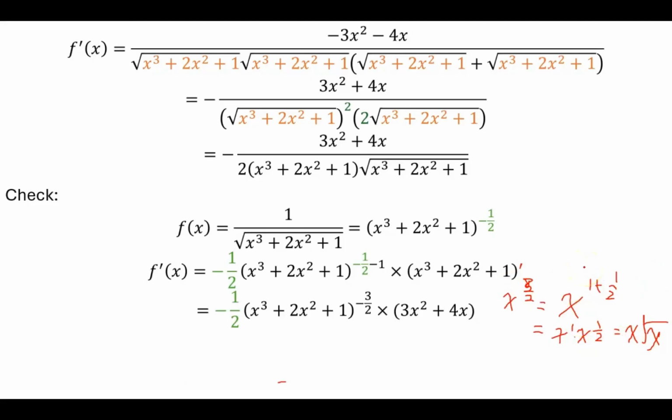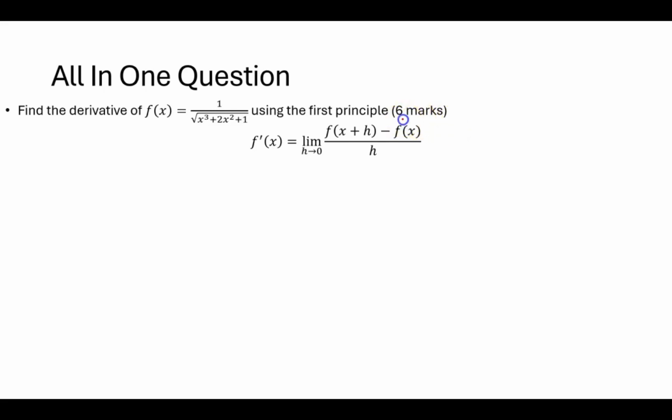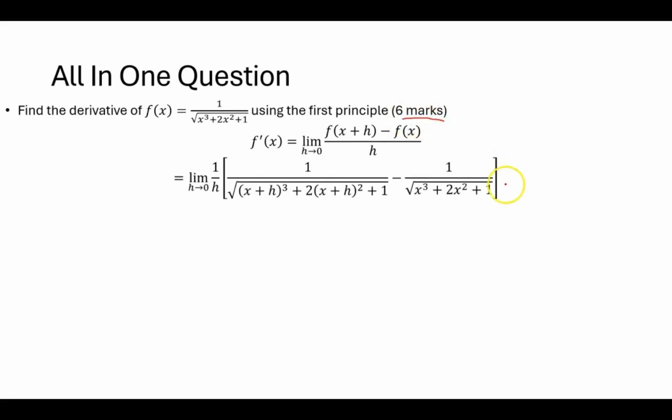Let's just have a quick review because this question is very long. So the question is here, 6 marks. Where do they come from? Basically, the first mark is for substituting f of x plus h here. You need to correctly identify what f of x plus h looks like. This is the first mark.